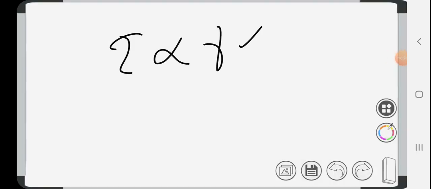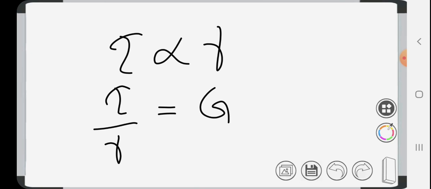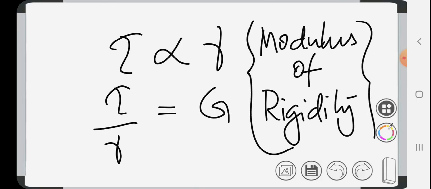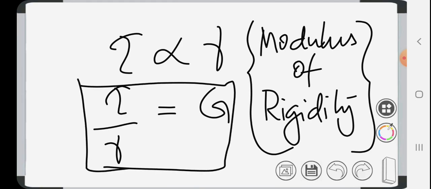So tau by gamma is equal to a constant called G. This constant G is nothing but the modulus of rigidity. So this is the equation in case of shear stress. The other one, modulus of elasticity, was the constant in the case of normal stress. So here shear stress, there normal stress.